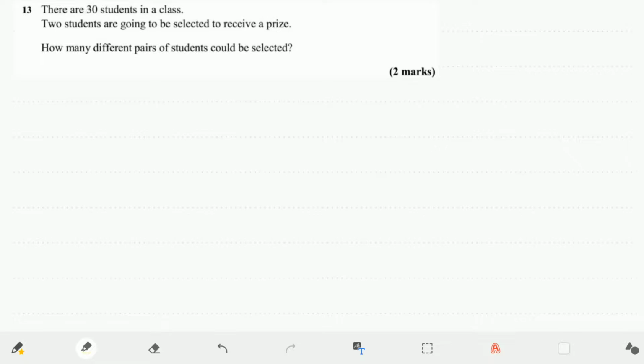So firstly, there are 30 students in the class, and 2 students are going to be selected to receive a prize. The question asks how many different pairs of students could be selected.